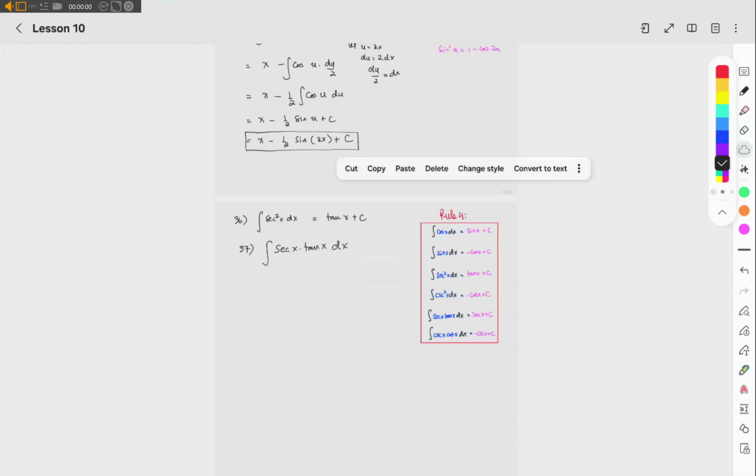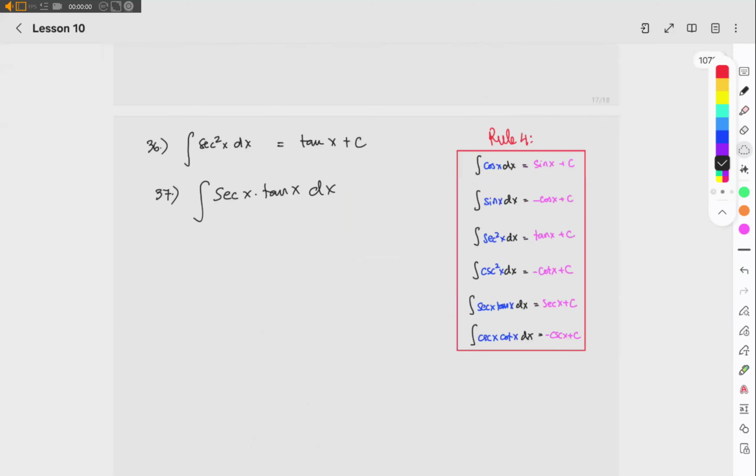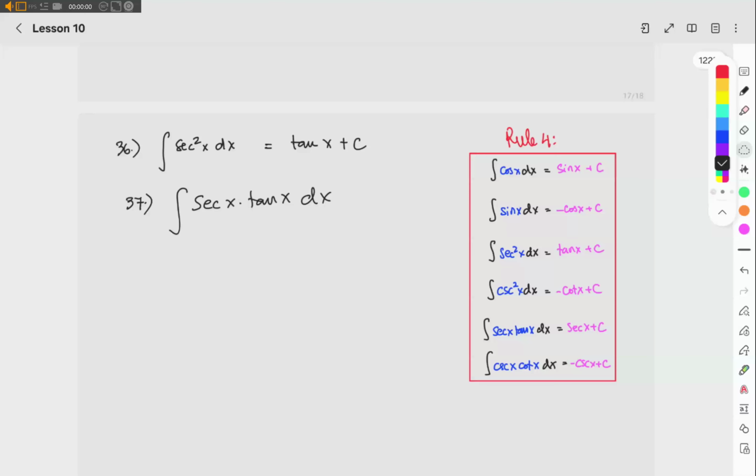Can we just directly use rule number 4 to solve this problem? Yes, we can. At the bottom over there, secant of x times tangent of x dx is simply secant of x plus c. That's your answer. Very simple, very quick. And you just hope that in the exam it's as simple as that, but I don't think that will be the case.